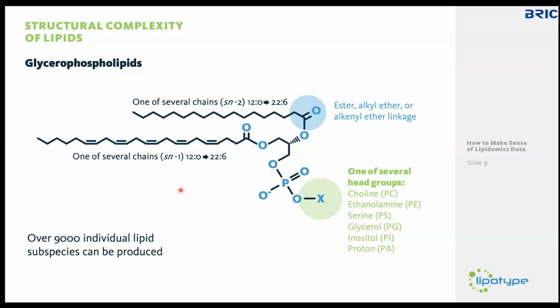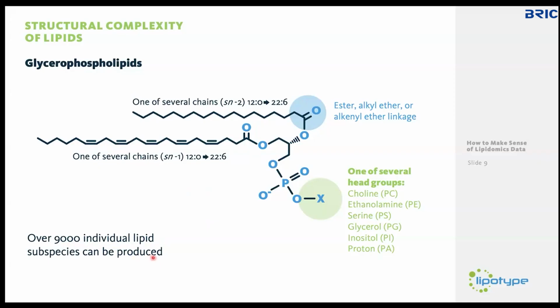If you take this all together, you could end up with about 9,000 individual lipid species that can be produced. This is usually not what you get in your full lipidome, because nature and the specific samples you are working with usually restrict that into specific lipidomes that mean something in the outcome.